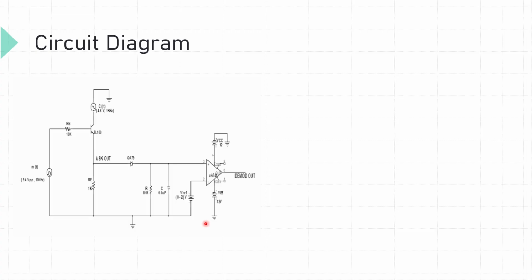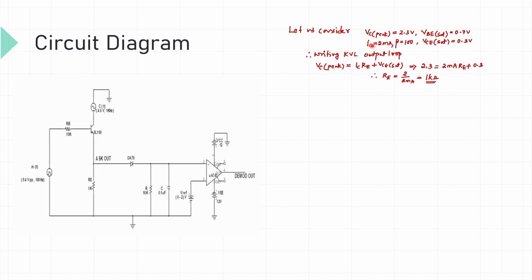To design this circuit, let us consider the following parameters: VC peak at the collector is 2.3 volts, VBE is 0.7 volts and VCE is 0.3 volt. And let us consider collector current is 2 milliampere.